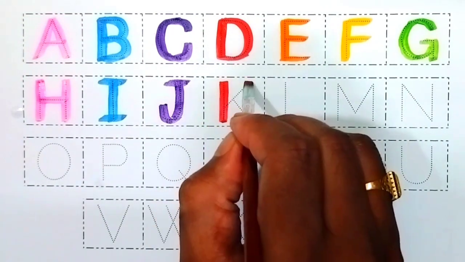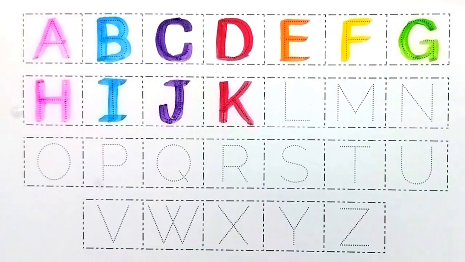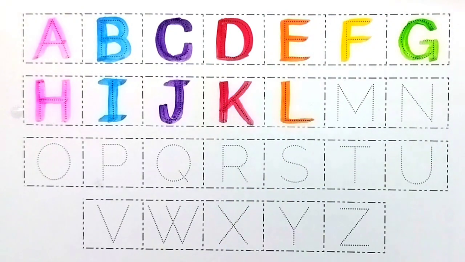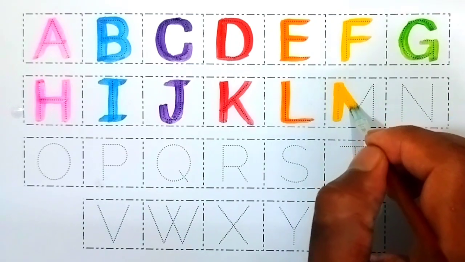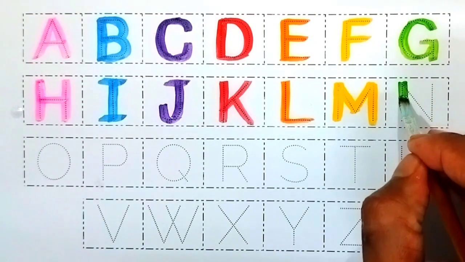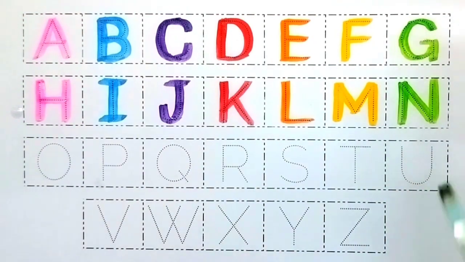K for kite. L for leaf. M for mango. N for nose.